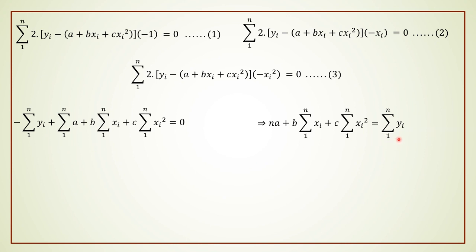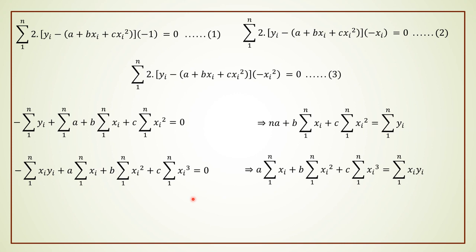Okay, and from equation number 2, just multiply by −xi throughout and simplify it, so that you get the equation as −summation of xi yi + a into summation of xi + b into summation of xi² + c into summation of xi³, where i is varying from 1 to n.